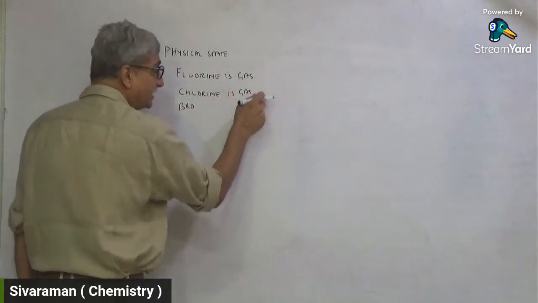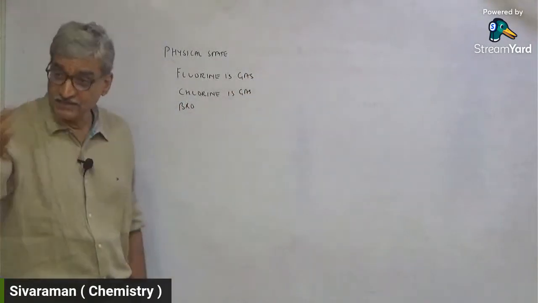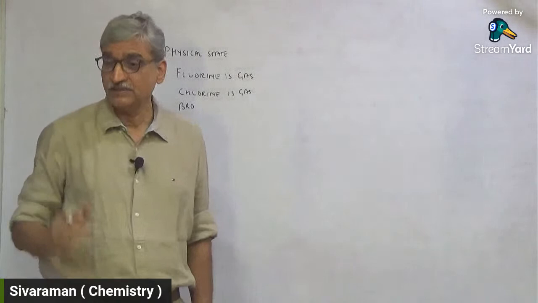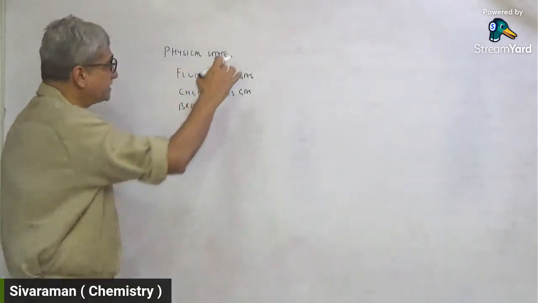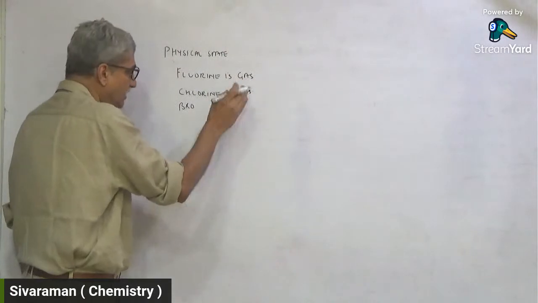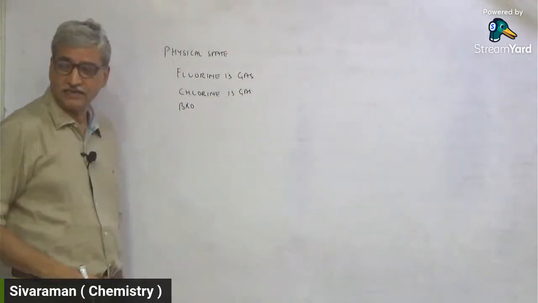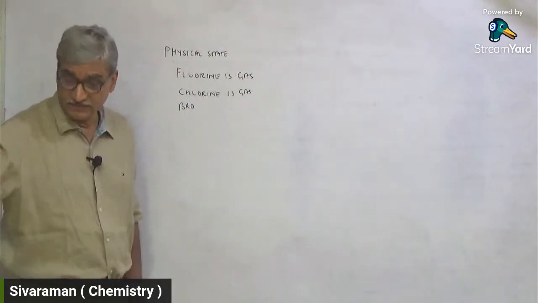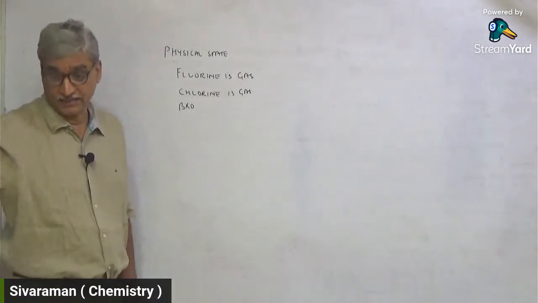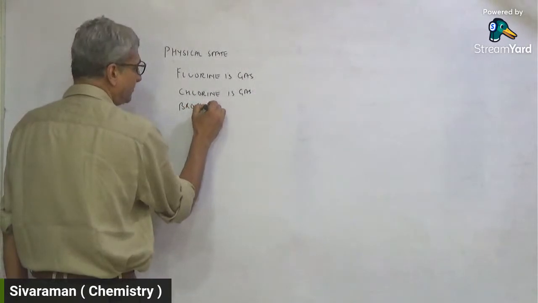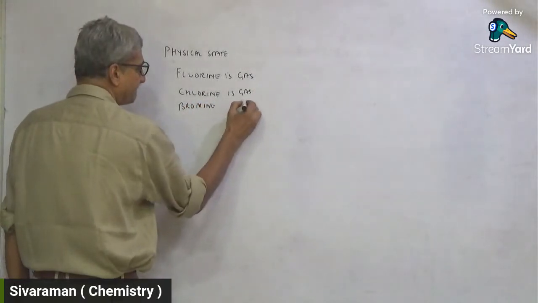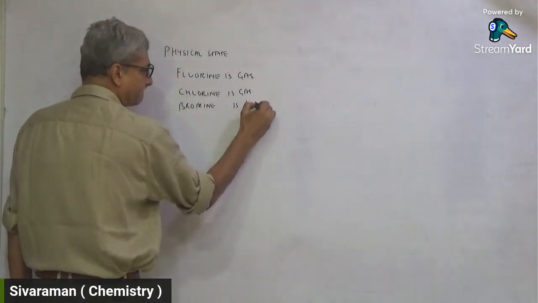I am not putting the color because color itself is another question. The color becomes dark from pale yellow to greenish yellow to reddish brown to violet lustrous solid. That itself is a question which is asked, and why? The answer is very important. So then we have fluorine, chlorine, and bromine is a liquid.